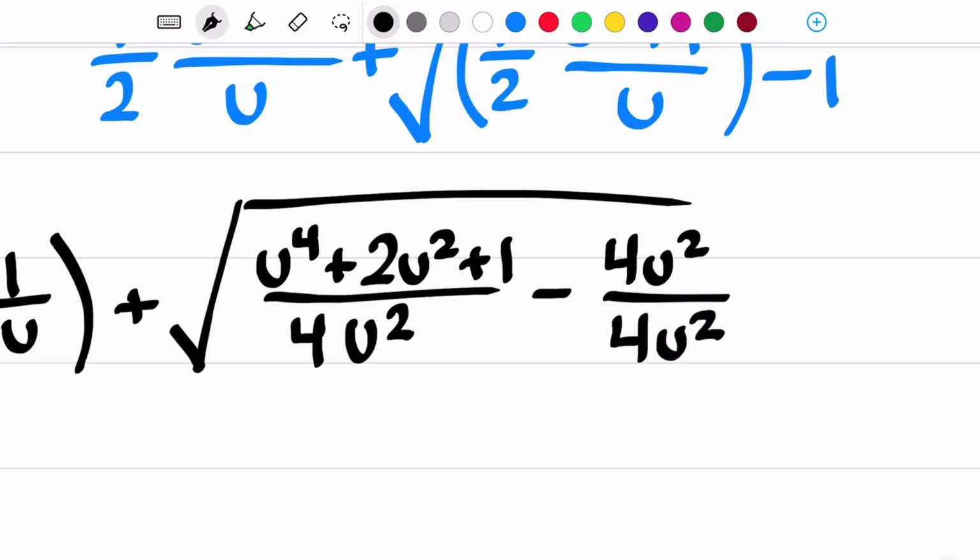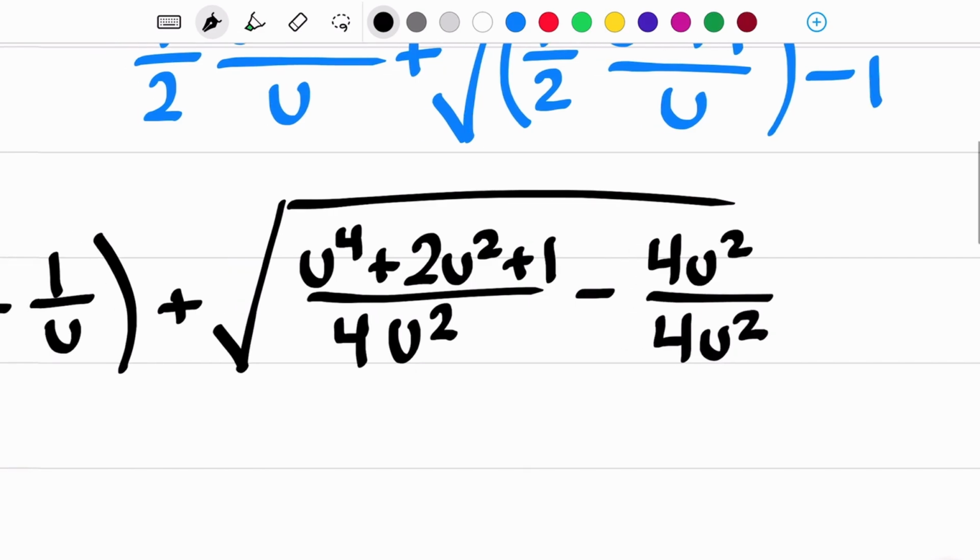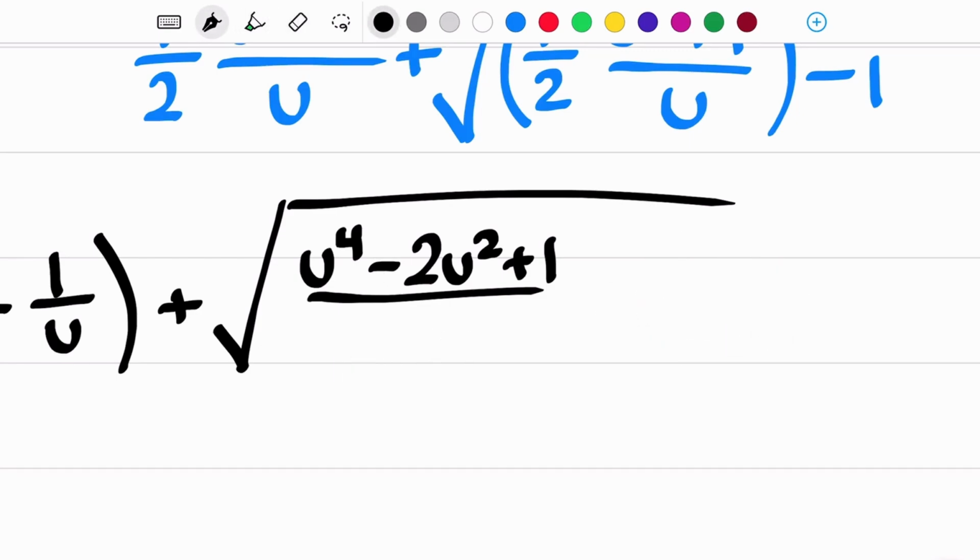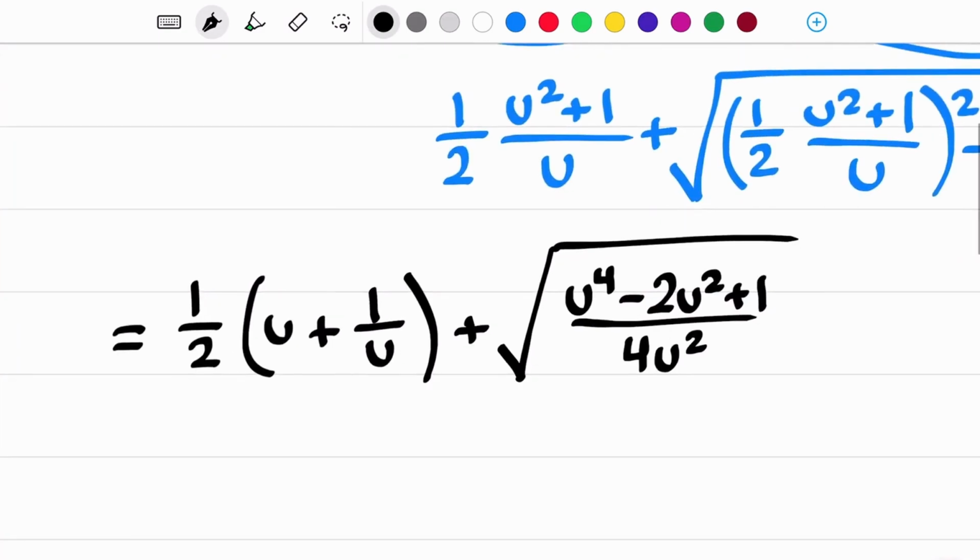And when we do go ahead and combine like terms now, the minus 4u squared from this term over here combines with the positive 2u squared over here. 2u squared minus 4u squared is negative 2u squared, all over 4u squared. So that is our now newly simplified term.